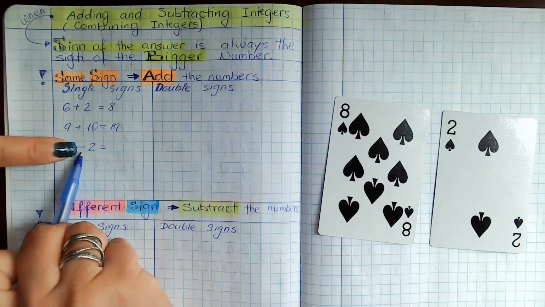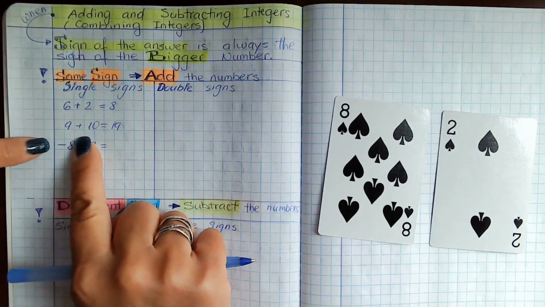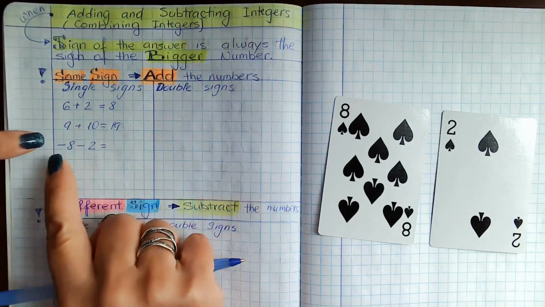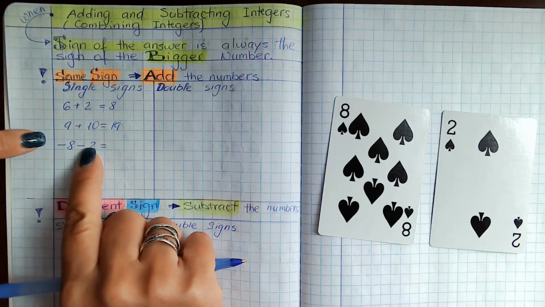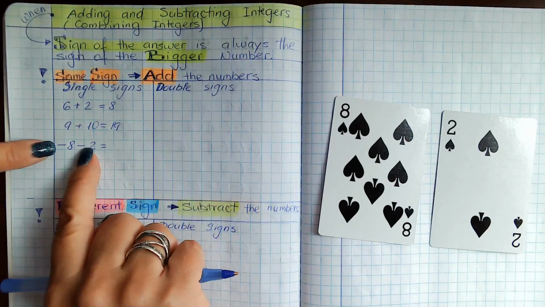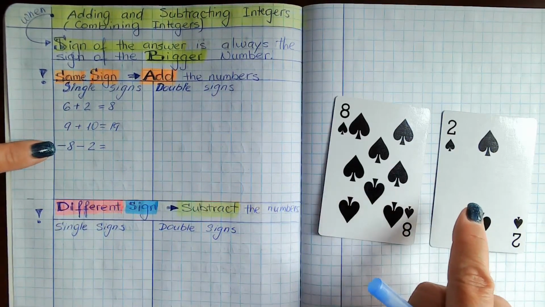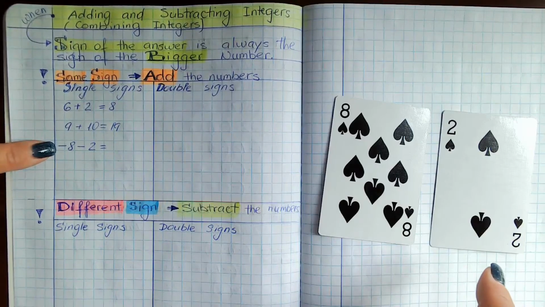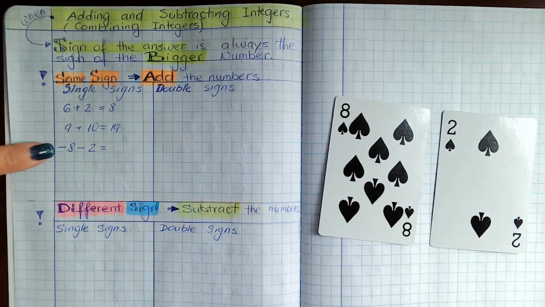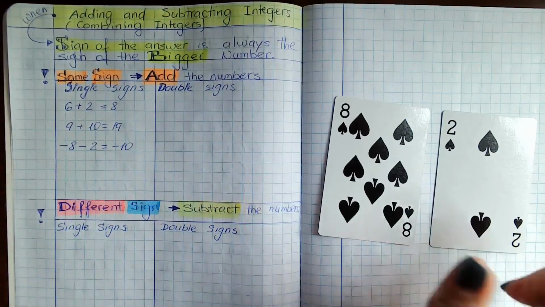I have negative 2, and if I cover the negative 2, I see negative 8. Negative 8 and negative 2. Add the numbers. The sign of the answer is the sign of the bigger number. Or again, you add the numbers, but they're still spades. They're 10 spades, negative 10. Add the numbers, keep the sign.